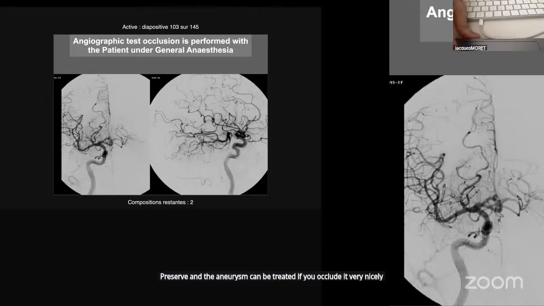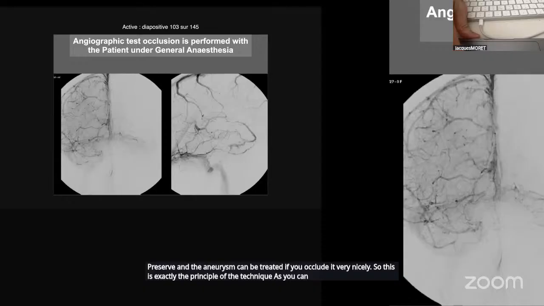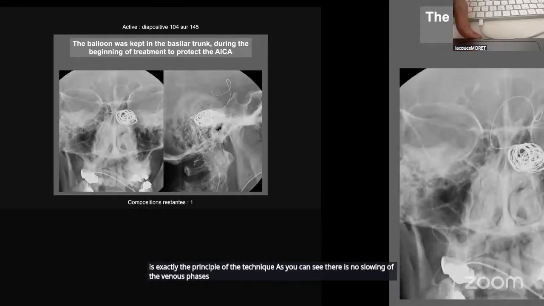So this is exactly the principle of the technique. As you can see, there is no slowing of the venous phases and anything. So we just plug the sac of the aneurysm right at the level of the dissection. Don't get above, don't get below.